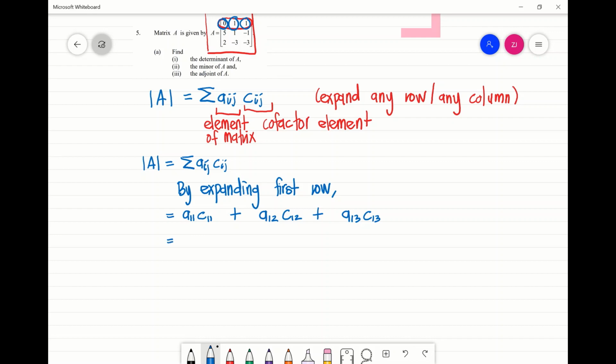We discussed just now the cofactor element: Cij is equal to -1 to the power of i plus j times Mij. Basically the cofactor element is the plus minus plus of the minor. So we will have positive A11 M11 minus A12 M12 plus A13 M13.